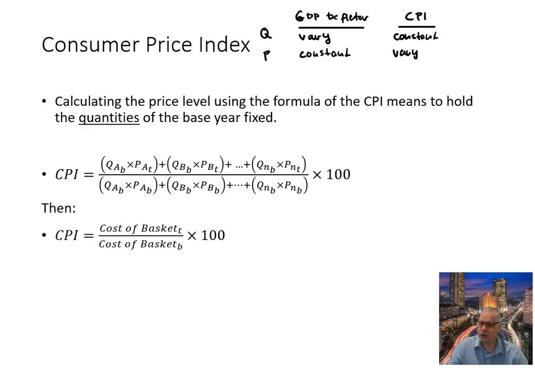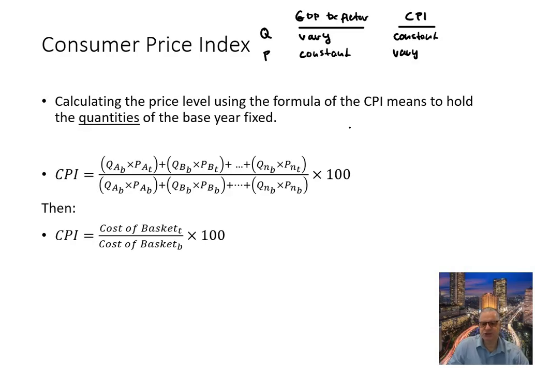And then we look at how this basket changes over time. So now the CPI is calculated as the cost of your constant basket of goods and services that you consume for every year relative to the cost of the same basket in the base year.